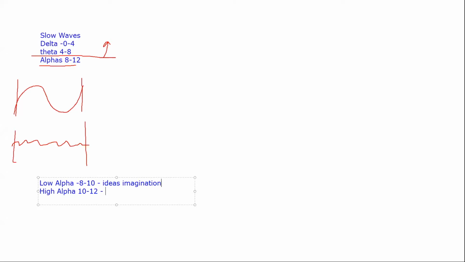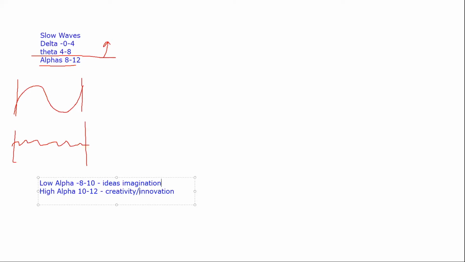High alpha, on the other hand, because it's starting to go a little bit faster, has real creativity and innovation in it, okay? This is where the brain starts to do the really disruptive things where it comes up with a new idea. When the iPhone was thought of by Steve Jobs, he was in alpha.